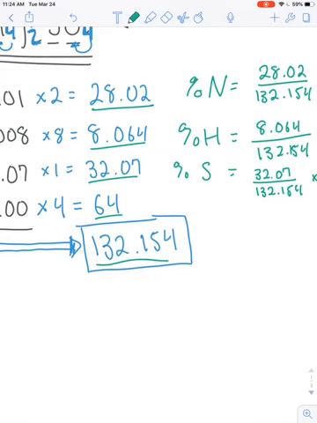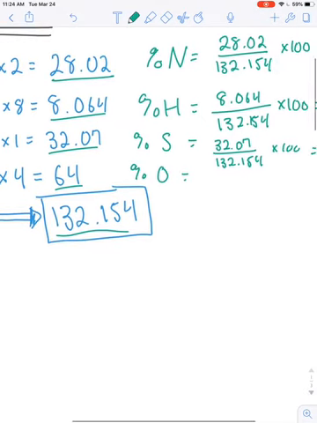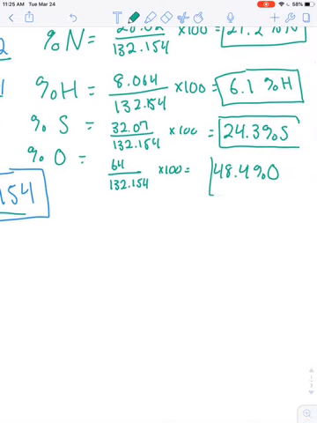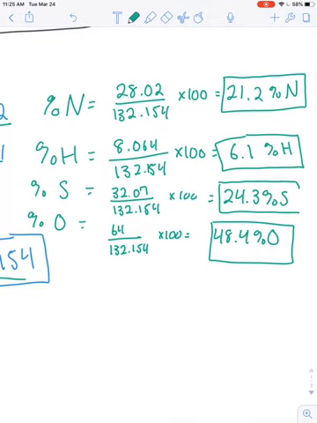And then lastly, we have our percentage of oxygen. I'm running out of room here, but we have 64 divided by 132.154 times 100 again. And that gives us a total of 48.4% oxygen.